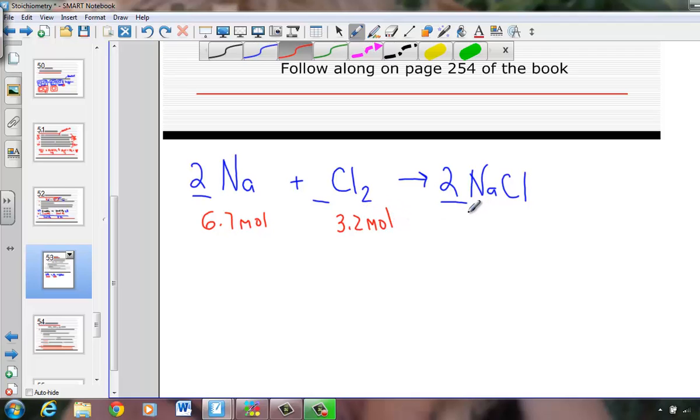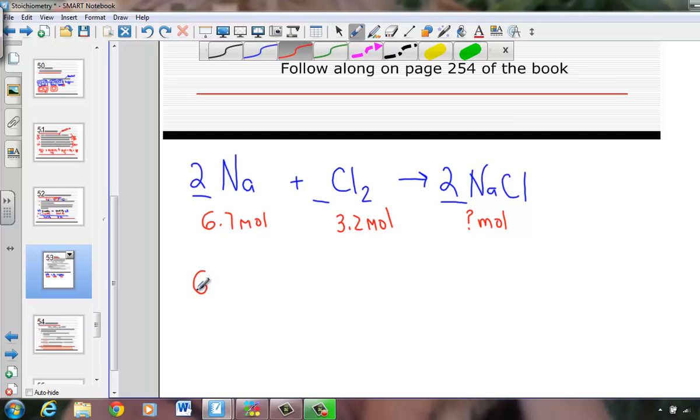And what we're being asked to solve for is the maximum yield of sodium chloride I can form, and it asks for that unit in moles. If sodium is our limiting reagent, it would determine the maximum yield, or if chlorine is the limiting reagent, it would be used to determine the maximum yield of our product, sodium chloride.